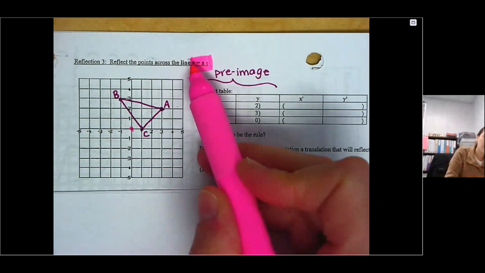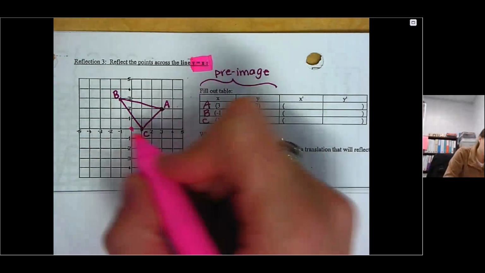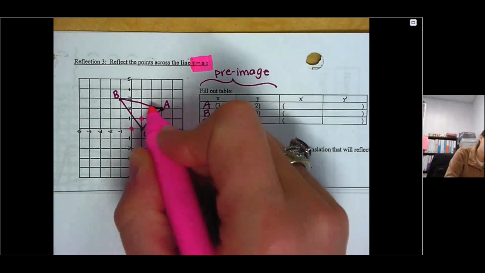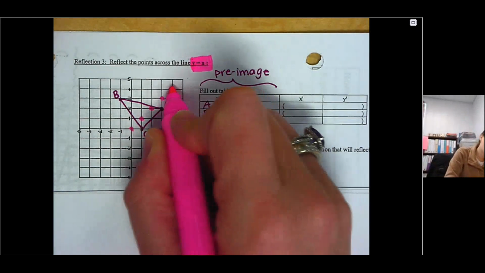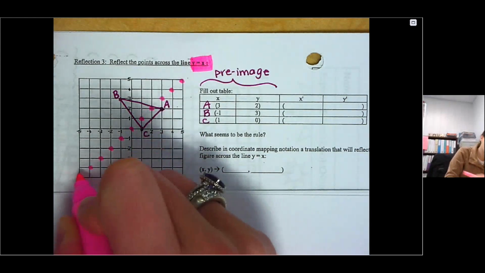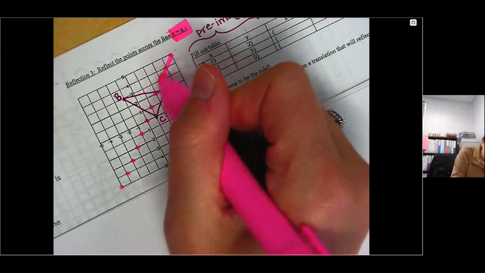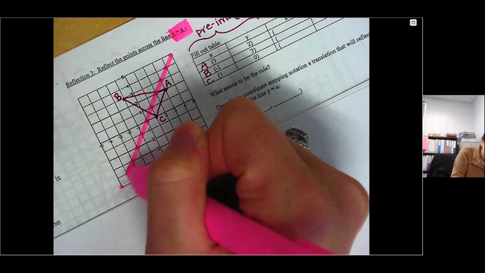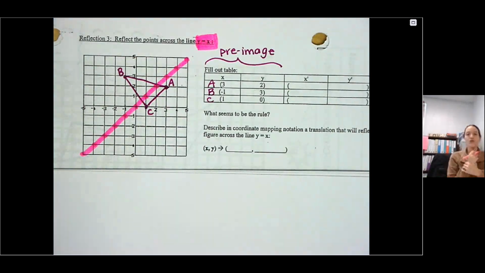If you put a 1 in for your Y, that means you get a 1 for your X. So that's 1, 1, 2, 2, 3, 3, 4, 4, 5, 5, and same by negative. So it's essentially a diagonal line that just cuts this graph right in half. And since it's Y equals X, it is a positive line, a positive slope. So there's my line I'm going to reflect over.